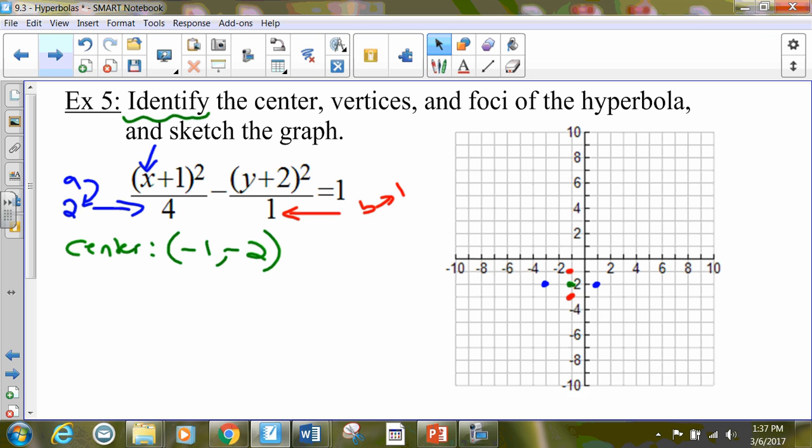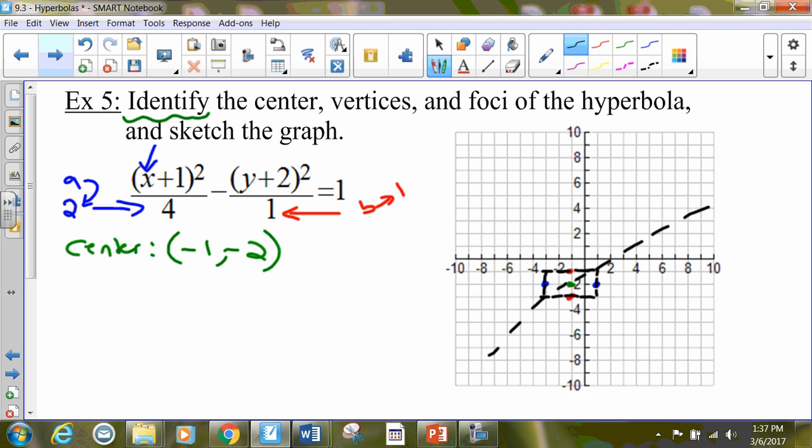I'm going to connect them, and we make the box because we need those asymptotes to tell us how wide or how slim to make our hyperbola.